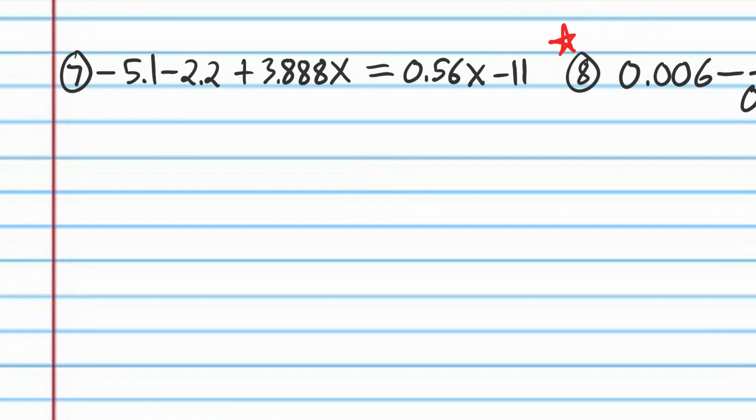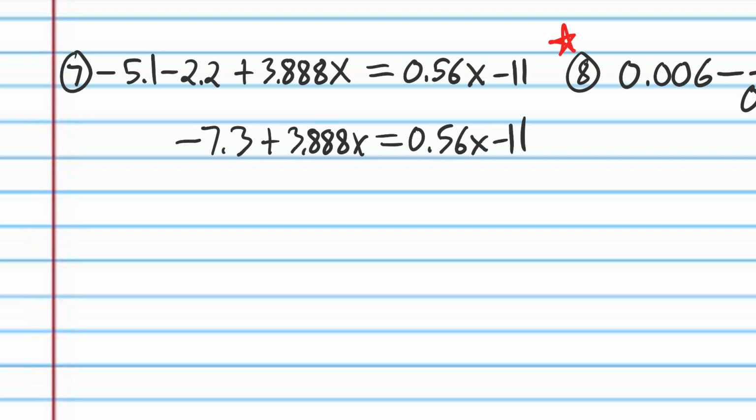All right, we're back. So combine these numbers and you get negative 7.3. And we're going to perform an operation on both sides of the equation. So we have to rewrite the equation.